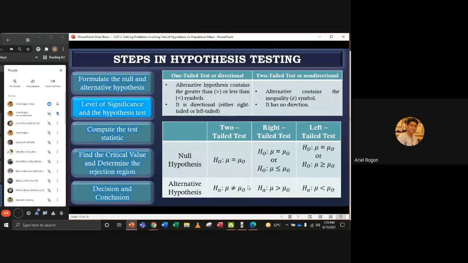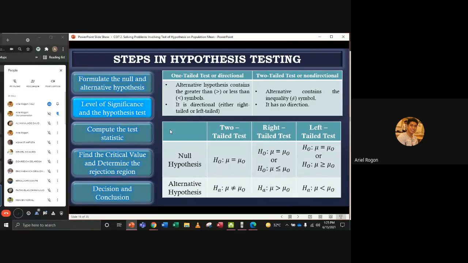But if your alternative hypothesis is greater than, that is a right-tailed test. These two, the right-tailed and left-tailed, are considered one-tailed tests. So ini-specific na lang natin na kapag greater than ang symbol, that is a right-tailed test. And if your alternative hypothesis is less than, that is a left-tailed test.